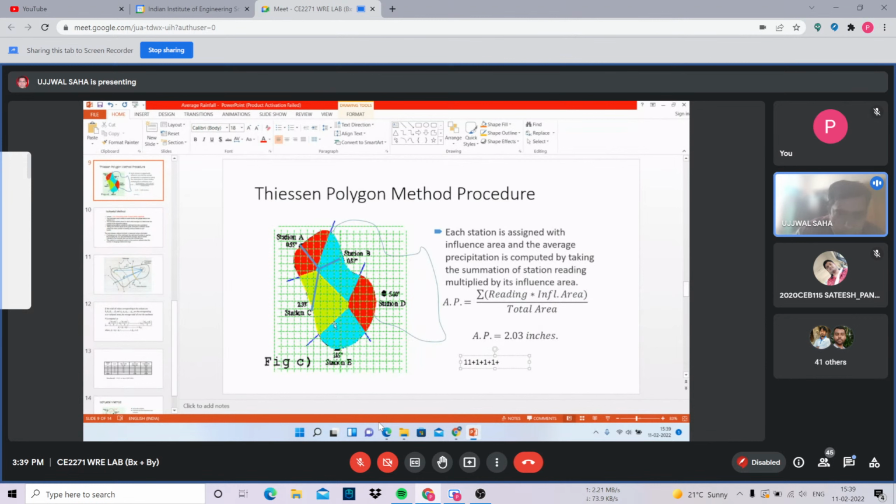And this one is obviously 1. Here a very small portion is outside. Now this one and this one, by approximation I can say is 1.5.